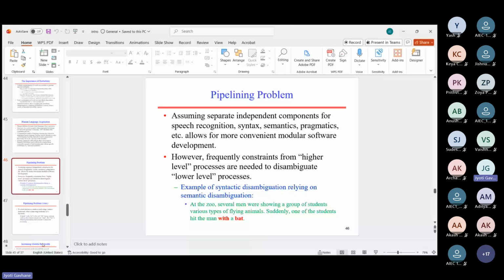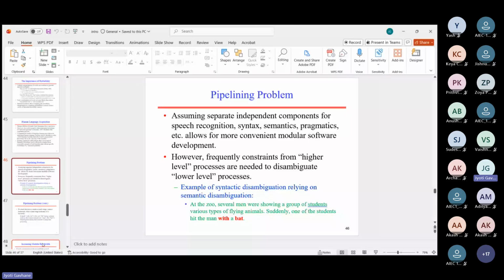Assuming separate independent components for speech recognition, syntax, semantics, pragmatics, etc. allows for more convenient modular software development. Okay, if we are considering all the phases in a pipeline, then it could be very rigorous and critical. But if we develop the modules separately, then it is a convenient and easier way.